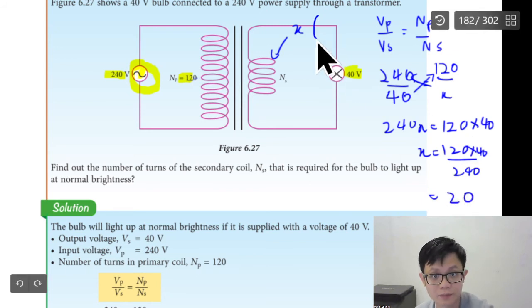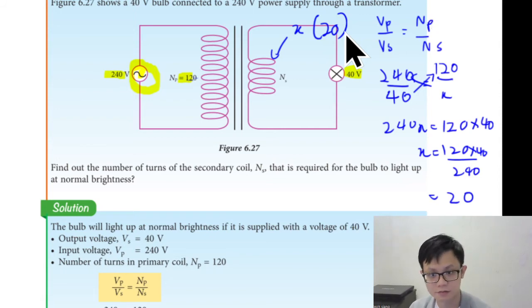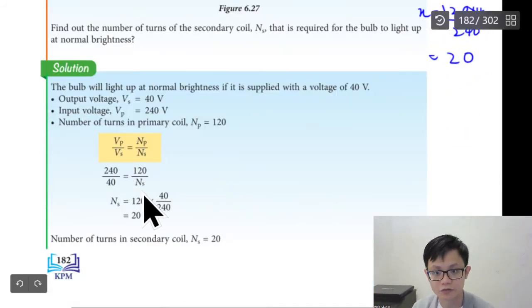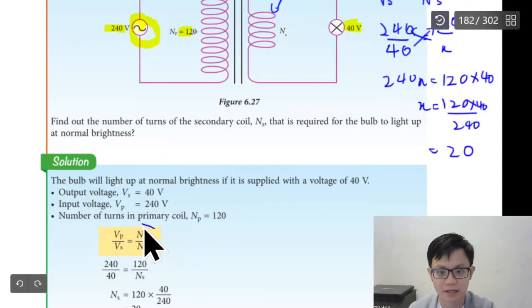So here will be 20 turns. Of course, you can do the formula, you still get back the same thing, 20. Yeah, okay, so this one will be the formula.